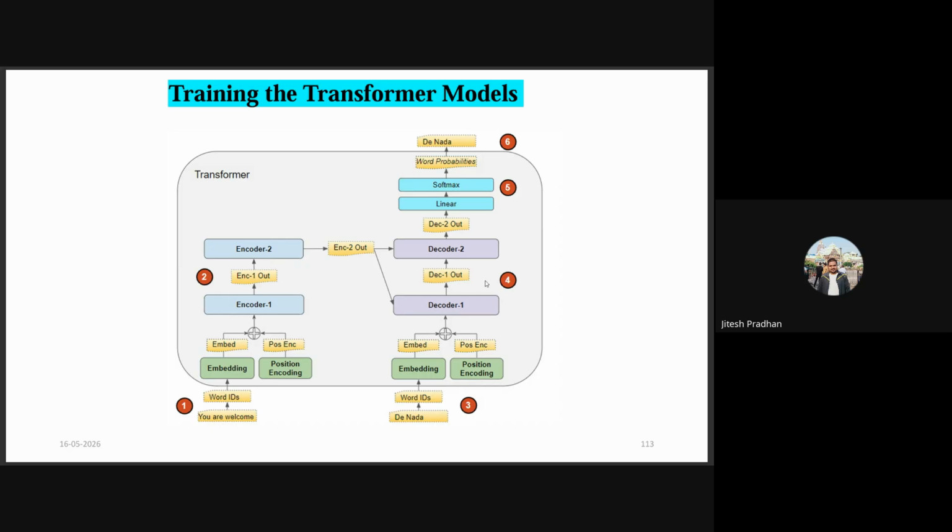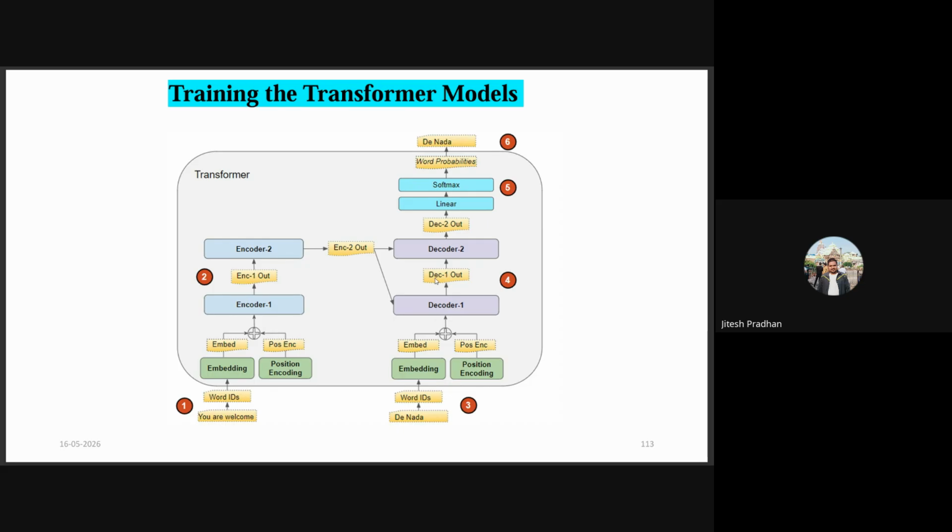Look here, and see how the decoder works. Now here we have the target sentence. From there we will generate its embeddings and its positional encoding. These two will be concatenated together and given to the decoders, along with the encoded output. Those will generate the first decoder output.